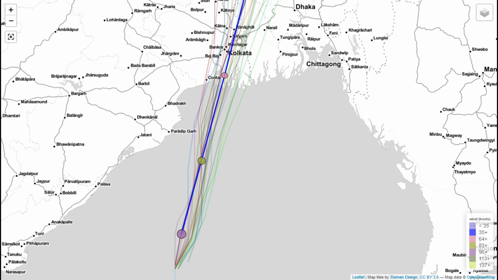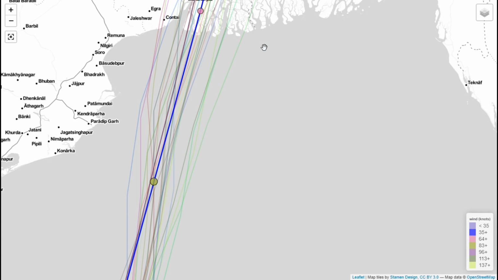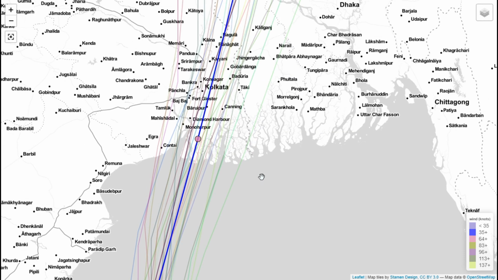You can see here on the right side of the map, at the bottom point, there is a wind speed legend, and from there we can have a basic idea of its effect. That means what will be the approximate speed in knots or in miles per hour.